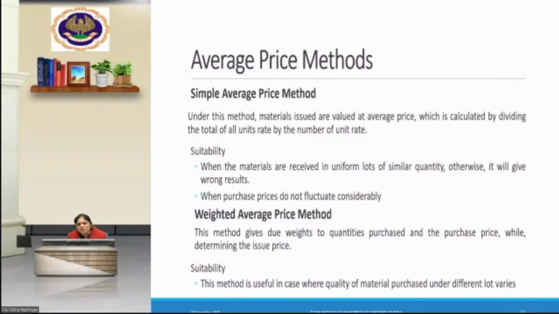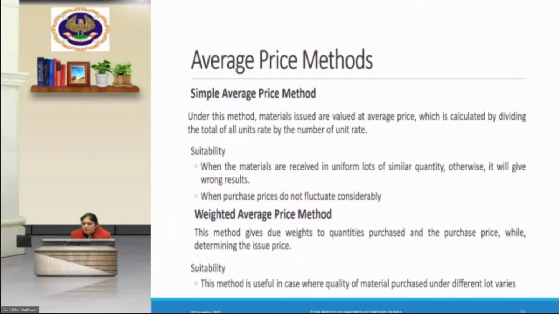In weighted average, we give weights to the quantities purchased as well as the purchase price. We'll understand it better when we do the question. This method is useful where the quality of material purchased under different lots varies. Some material has a different quantity, some has a different quality, so that's why weighted price gives weight accordingly.